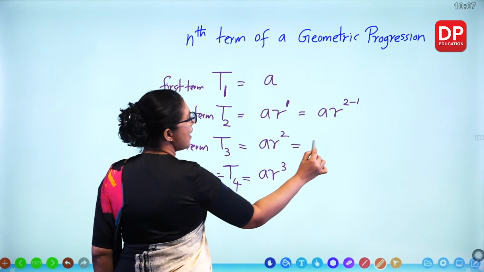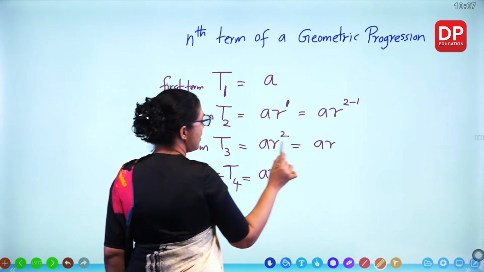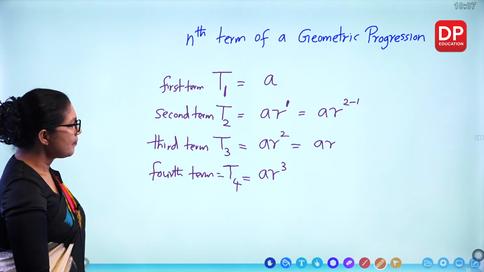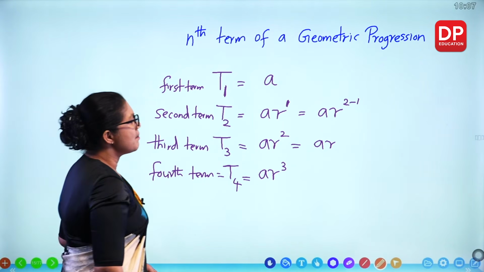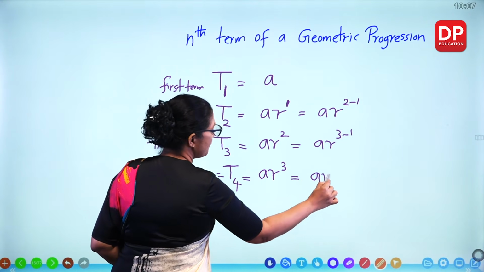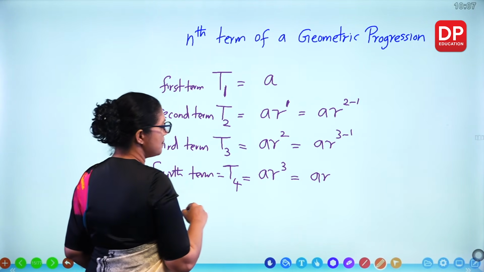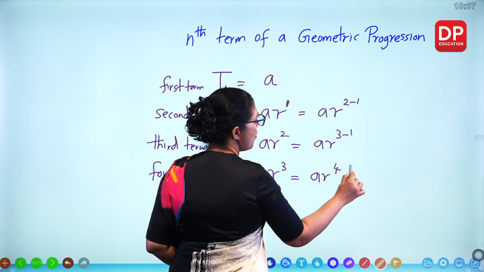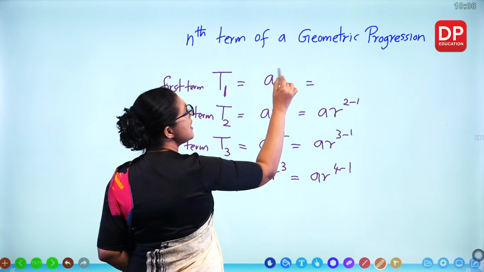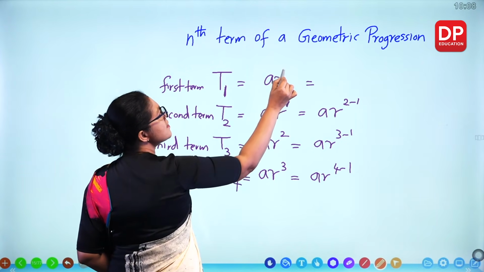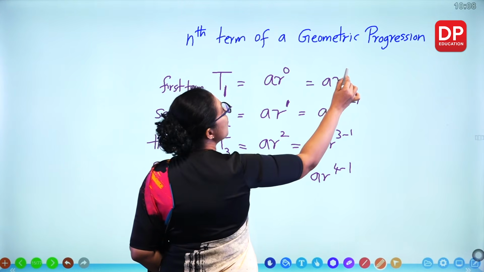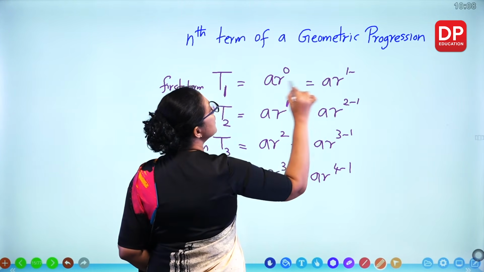This one I can write as A R squared, which is 3 minus 1. Fourth term, I can write 4 minus 1. And for the first term, R to the power 0 is 1 minus 1.